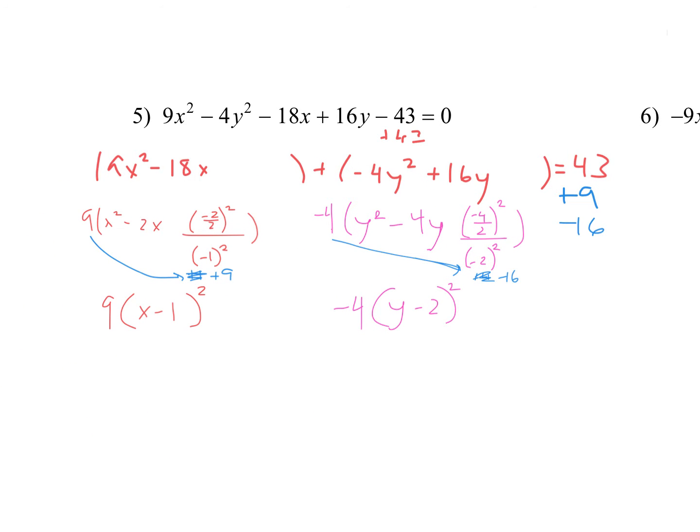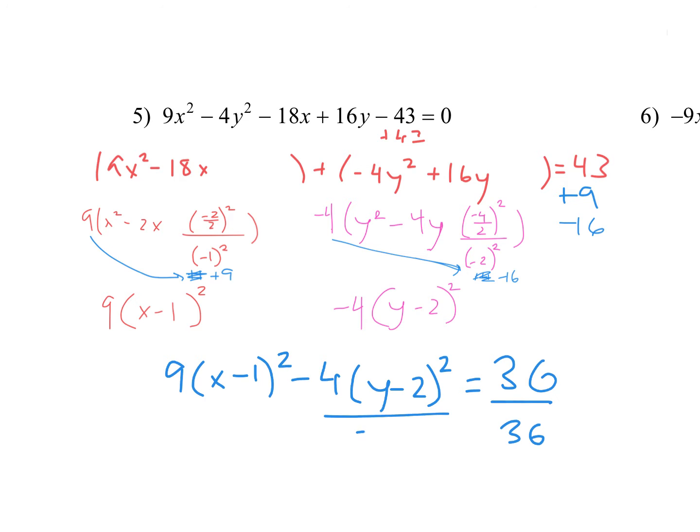Okay, so let's put this all together. We have 9 times x minus 1 squared minus 4 times y minus 2 squared. And that's equal to 43 plus 9 minus 16, which is 36. What should I do next?